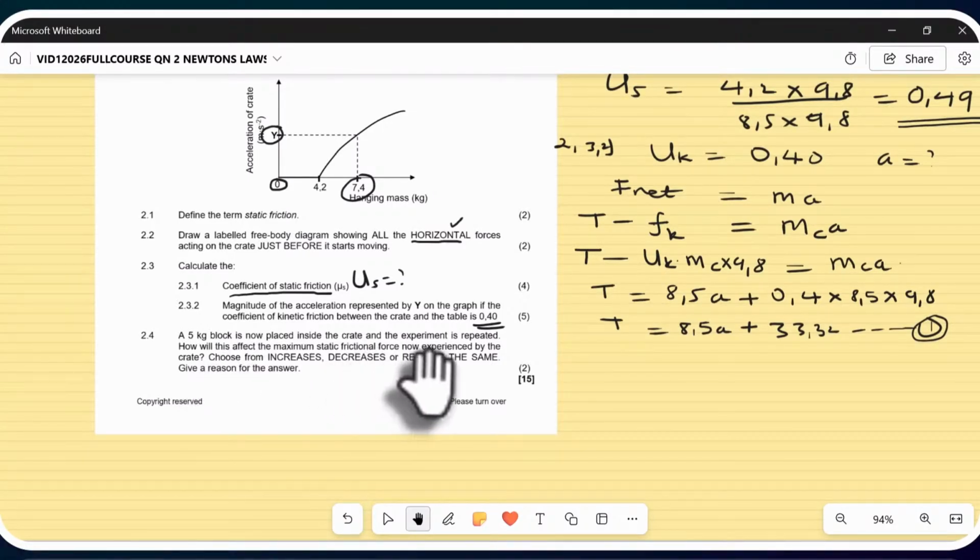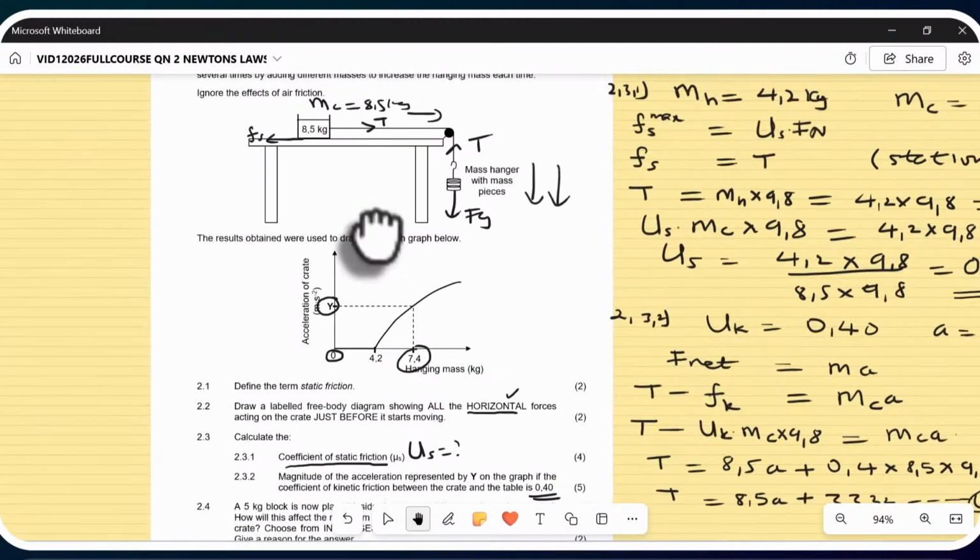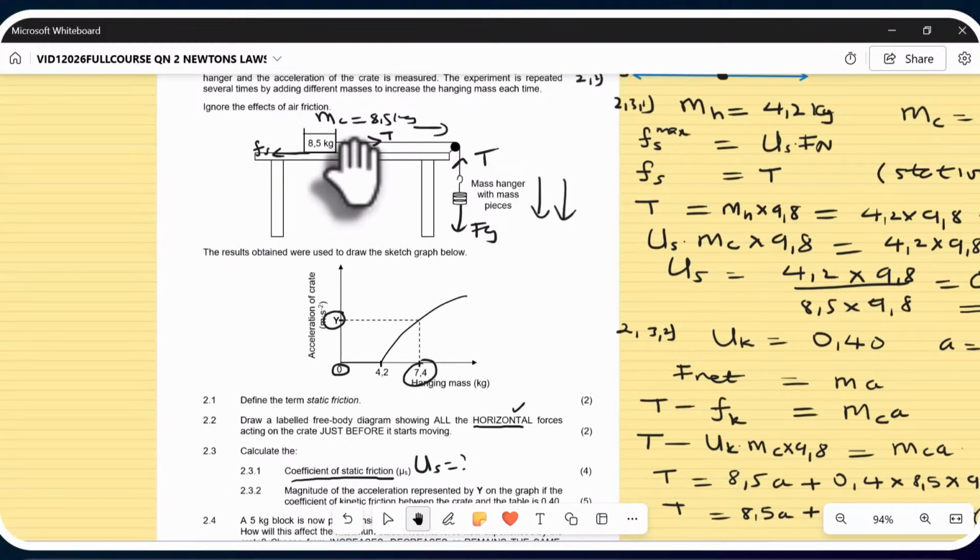Now, when we add a 5 kilogram block on our crate, it means we're increasing the weight. And because of that, the frictional force will increase. So we say it increases.